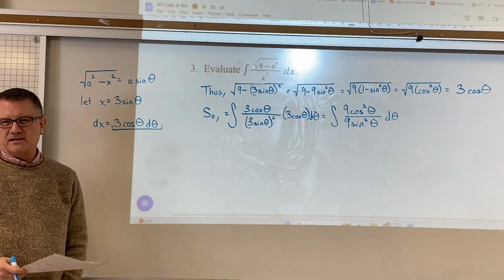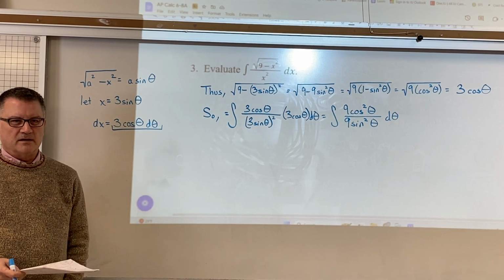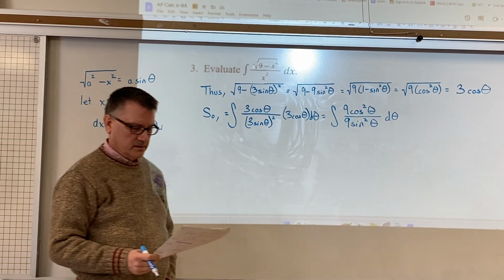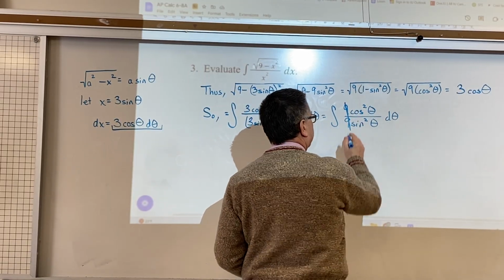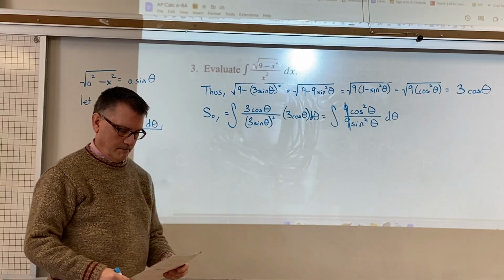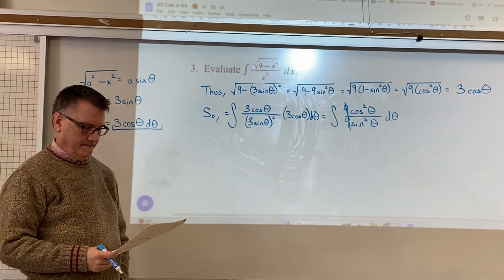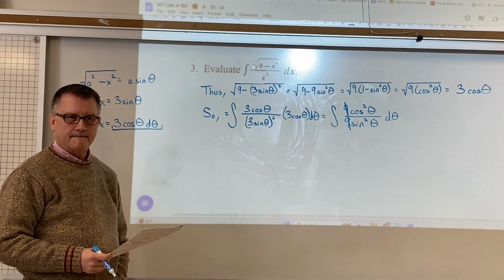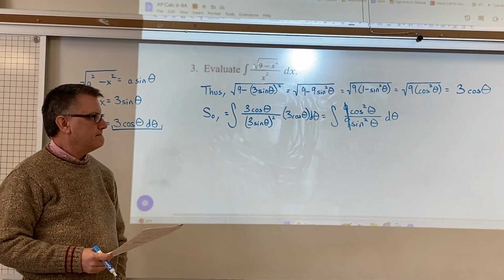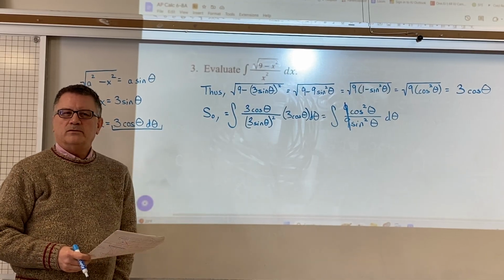The 9s will just cancel, right? I mean, I can pull them out front, but you got 9 over 9, so that's one. So you really just have that. What would you want to do here?